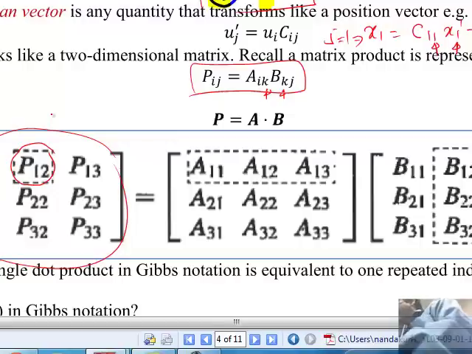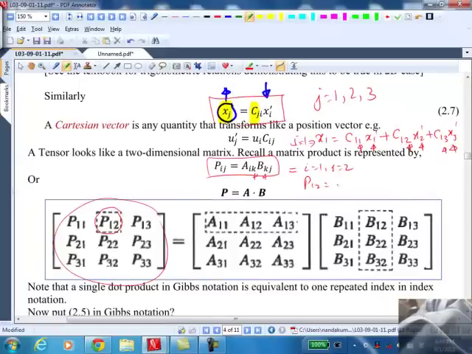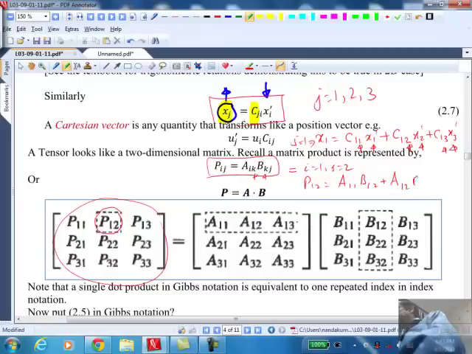So with i equal to 1, j equal to 2, I will write P12 as A11 B12 plus, help me out, what would the next one be? A12 B22 plus A13 B32.